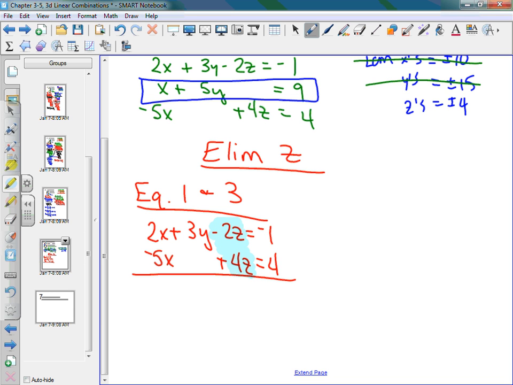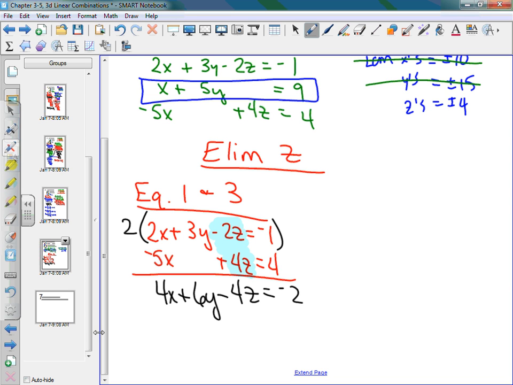What's my least common multiple between -2 and 4? 4. So I need to have a positive 4 and a -4. Do I already have a positive 4? I do. And now I need a -4. So I'm going to multiply the top equation by what value to get a -4z? 2. So that's going to give me 4x plus 6y minus 4z is equal to -2.